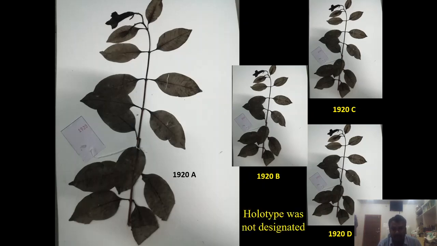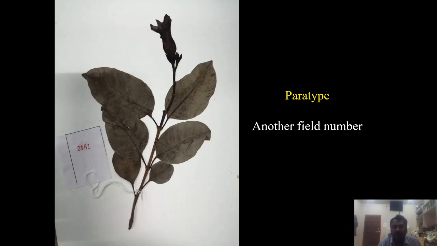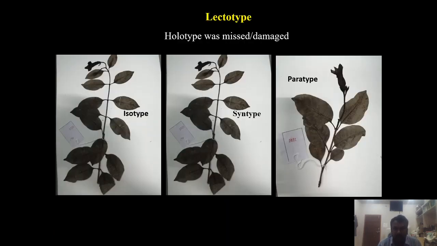Paratype means the same species with another field number. Here the field number is 2461, which is known as paratype. And the lectotype: when a holotype is missing or damaged, now we have isotype, syntype and paratype. If we select any one of them as a holotype, it is known as lectotype.